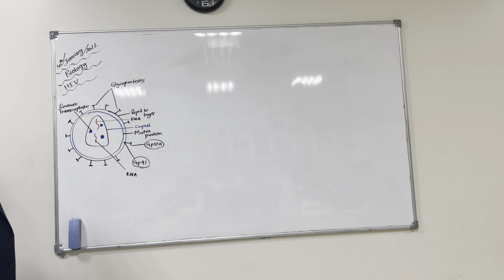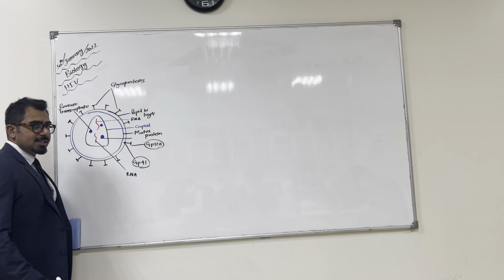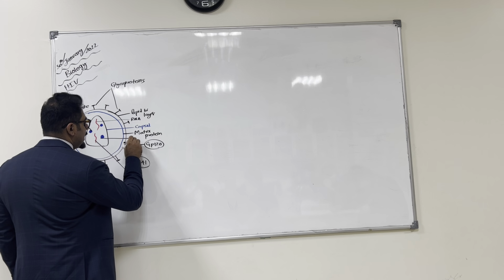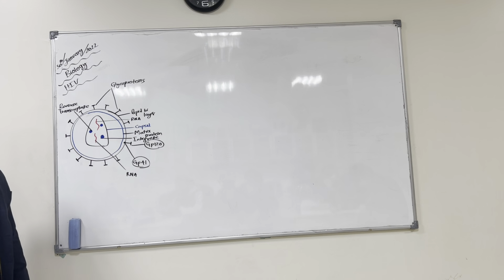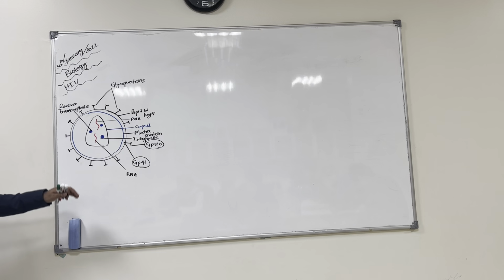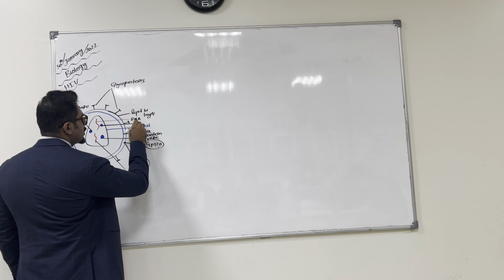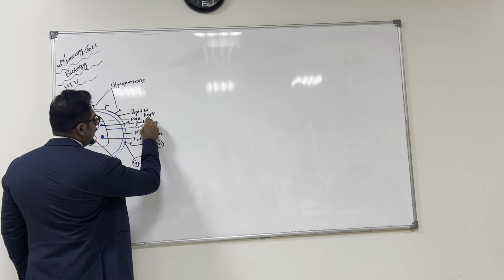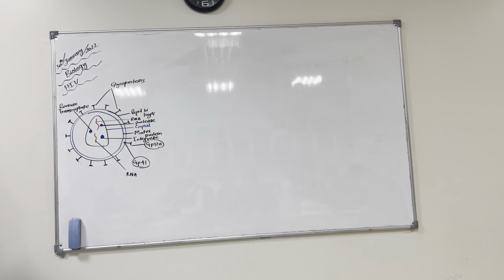Then, let's suppose that there is this enzyme, and this enzyme is integrase enzyme. We are going to talk about the function of all these enzymes, and this enzyme over here is simply a protease enzyme, right? So this is the structure of an HIV virus.